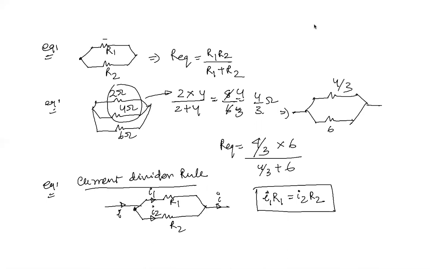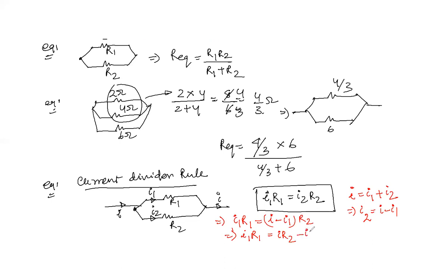And as we know, I should be equal to I1 plus I2. So can't we replace I2 as I minus I1? Yes. So we can write I1 R1 equal to I minus I1 into R2. So I1 R1 equals I R2 minus I1 R2.